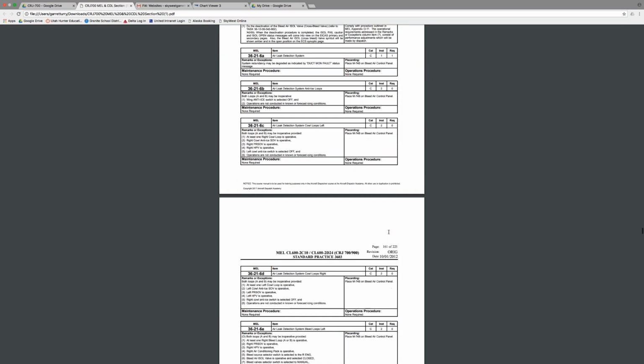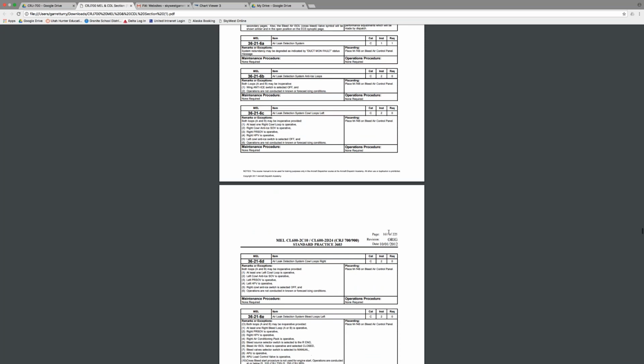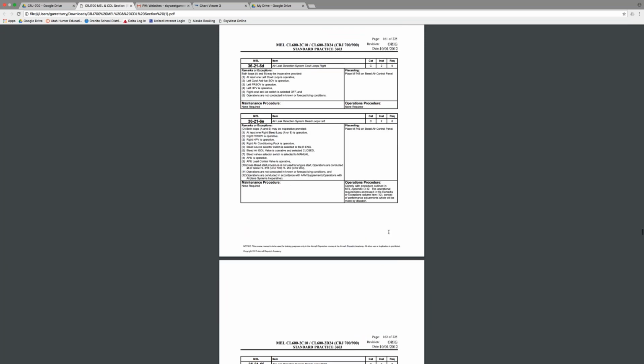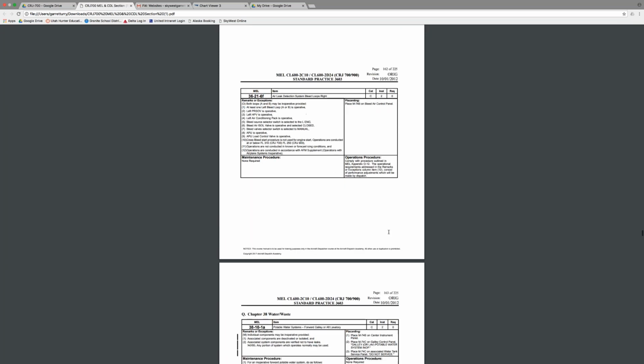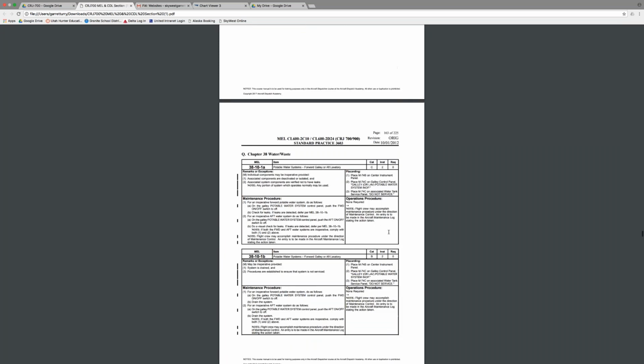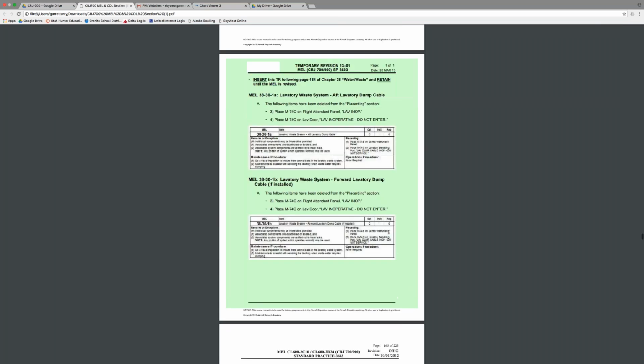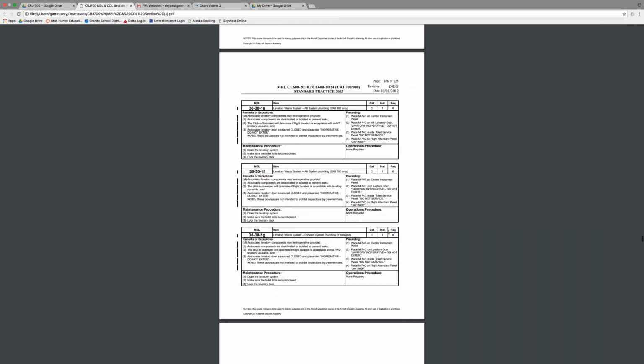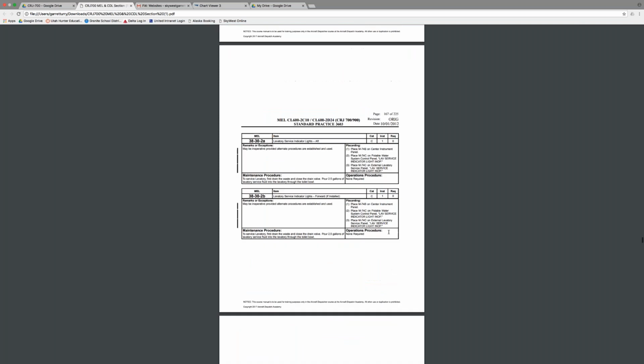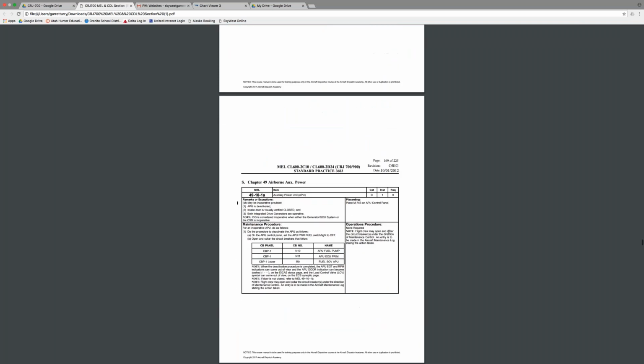So we've got our bleed air. So pneumatics are all bleed air, right? Yeah. So what are some of the restrictions you saw there?